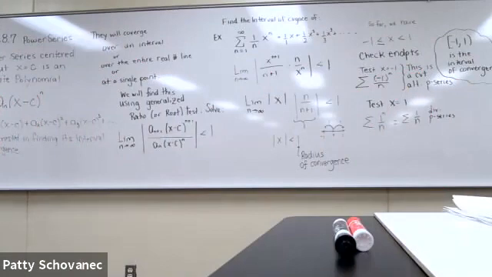What it converges to, we don't know. We don't care just yet. But we know that it'll converge to some function over that interval. So let's try another one, shall we?